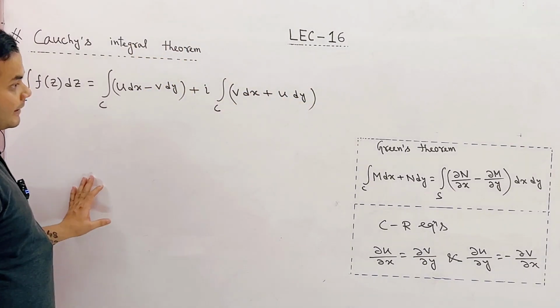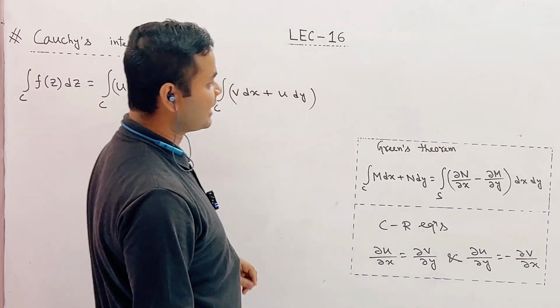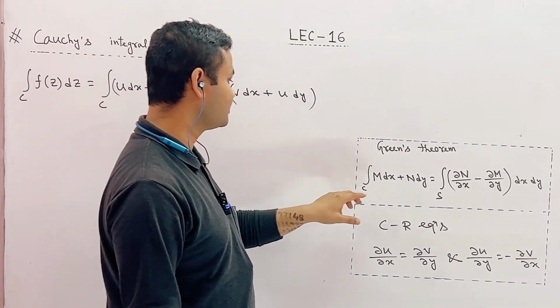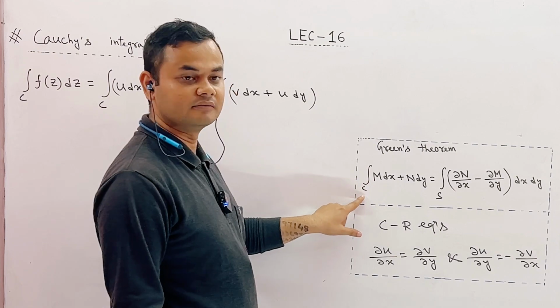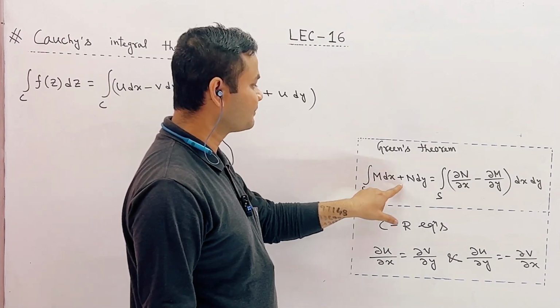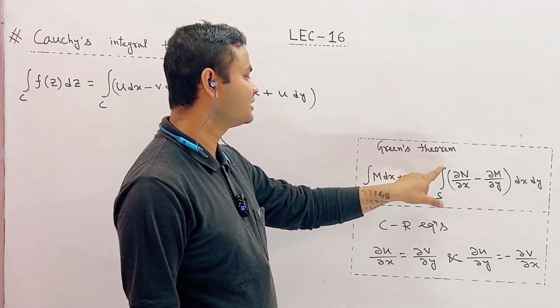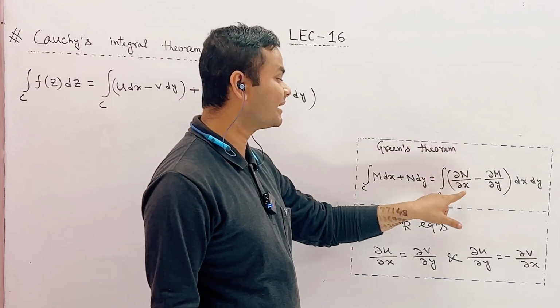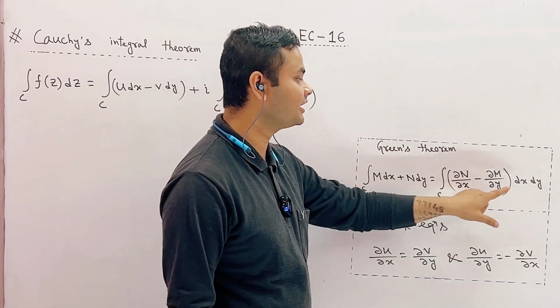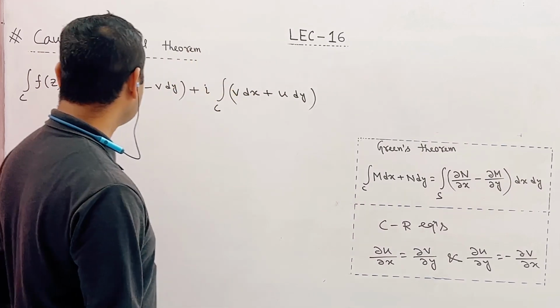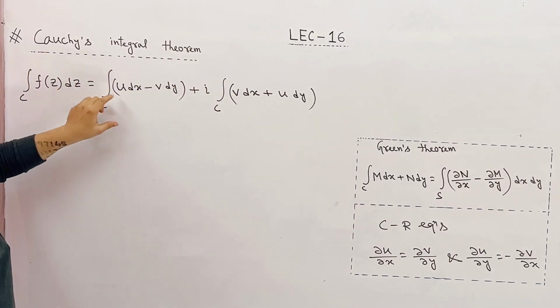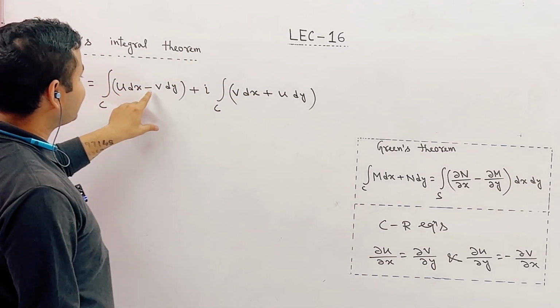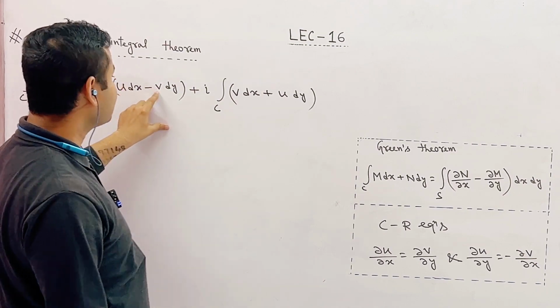Next, let us apply the Green's theorem, and according to this Green's theorem, integration along curve C m dx plus n dy is equal to surface integration of del n by del x minus del m by del y into dx dy. For this integral, m equal to u and n equal to minus v.